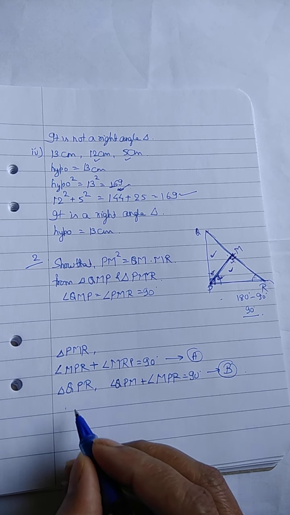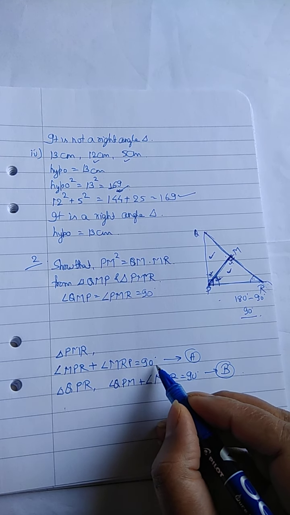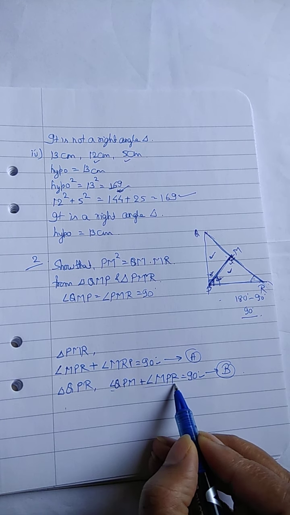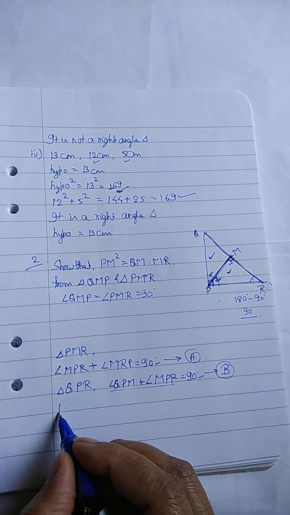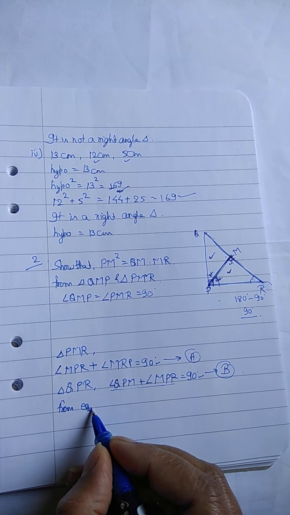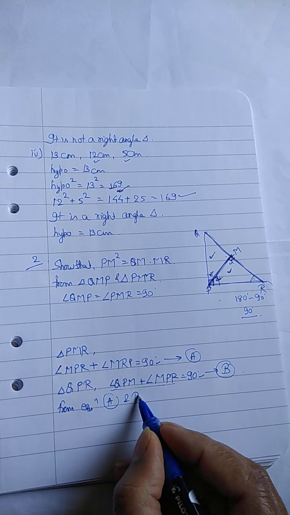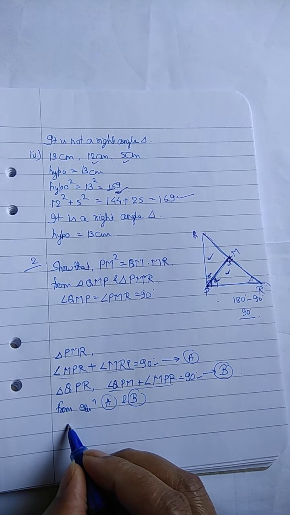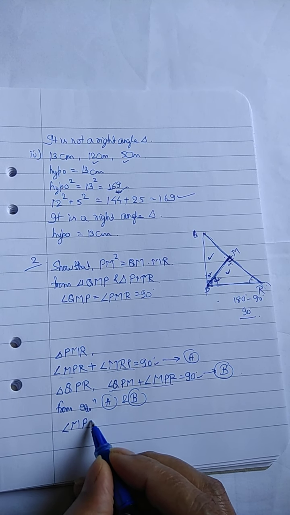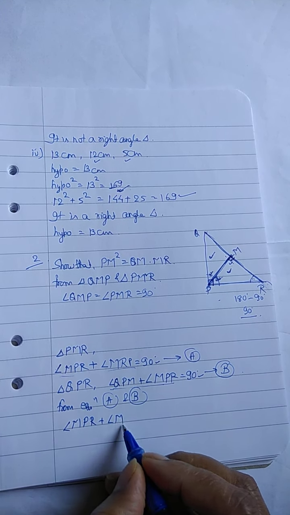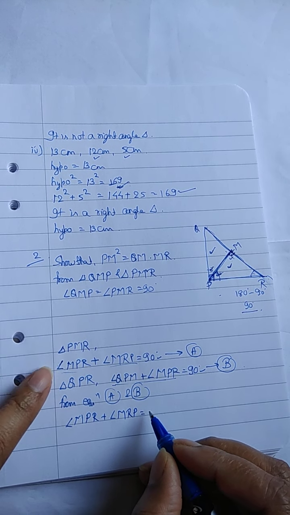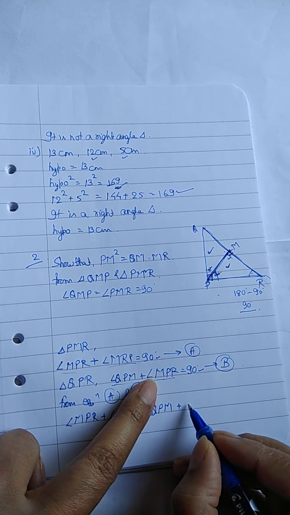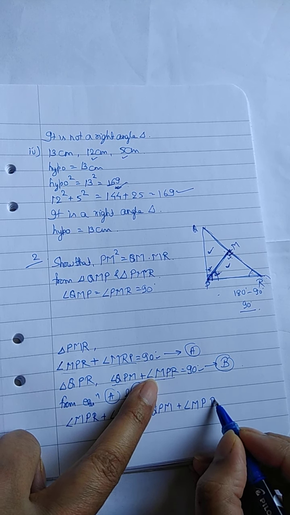Okay, now since the right side is 90 degree in both, that means the left side will be equal to the left side of the other equation. So from equations A and B, this equals to this, right? So angle MPR plus angle MRP equals to angle QPM plus angle MPR, right?